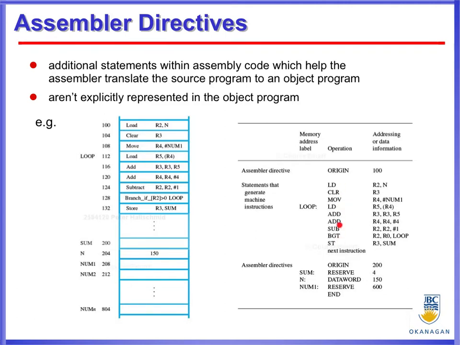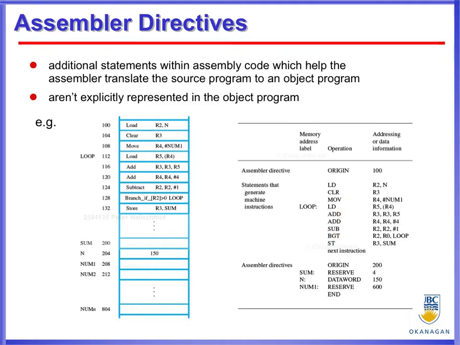You'll notice that here we're using mnemonics for the instructions. In this particular instruction set, the mnemonic for load is LD, CLR for clear, MOV for move, add, subtract, branch if greater than. These are common mnemonics used in a lot of processors. We'll see a lot of these in the ARM processor as well.